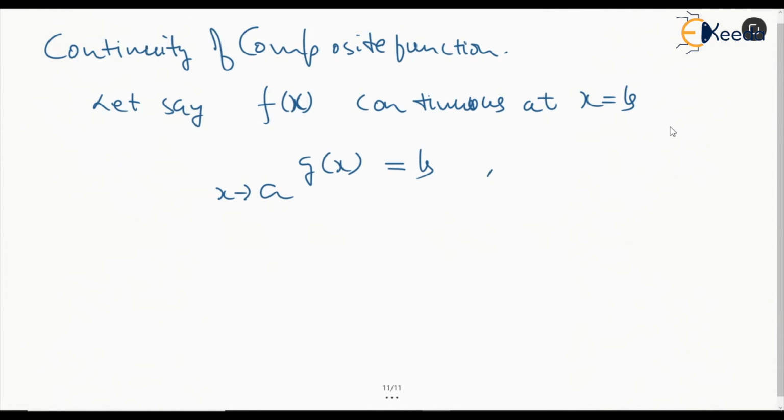That is, overall this g of x has a limit at a, right?